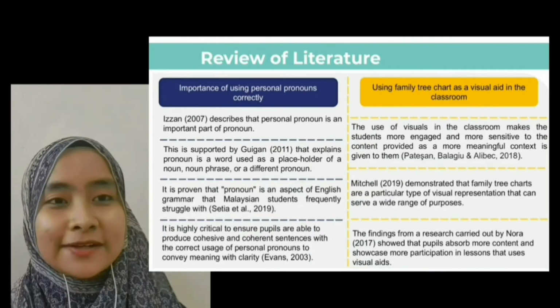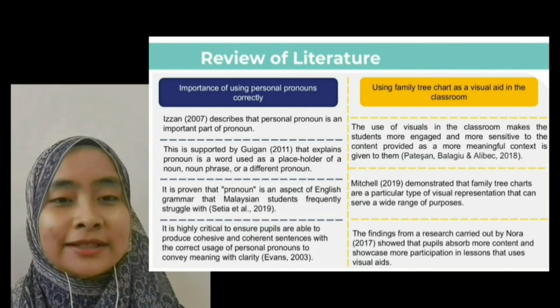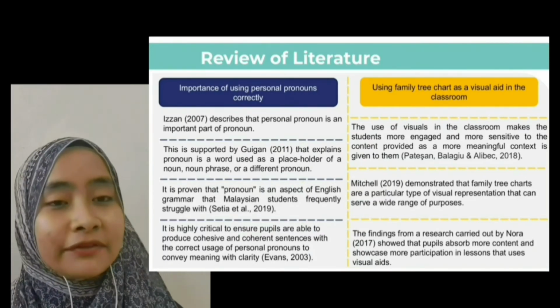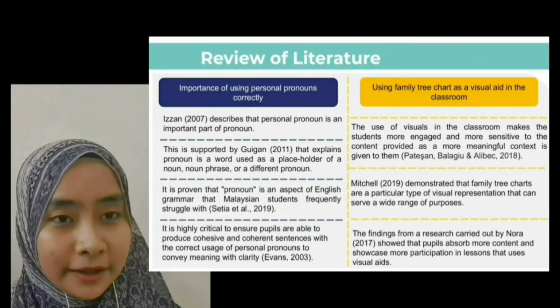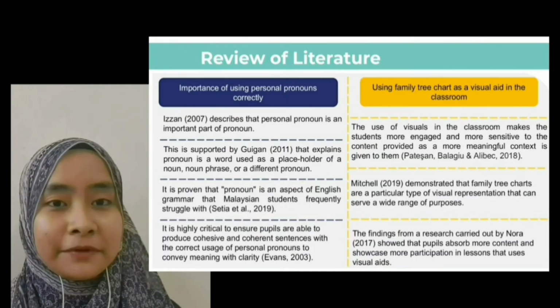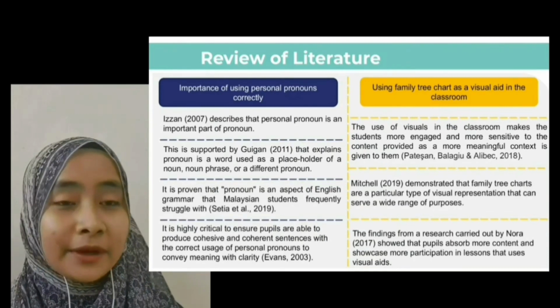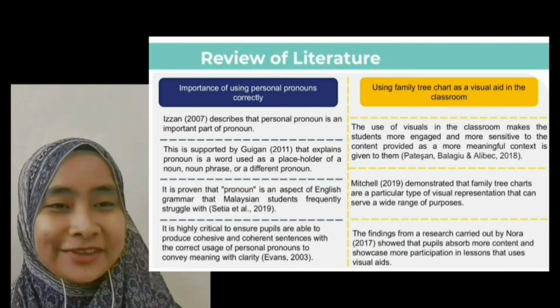First of all, Michelle in 2019 demonstrated that family tree charts are a particular type of visual representation that can serve a wide range of purposes.